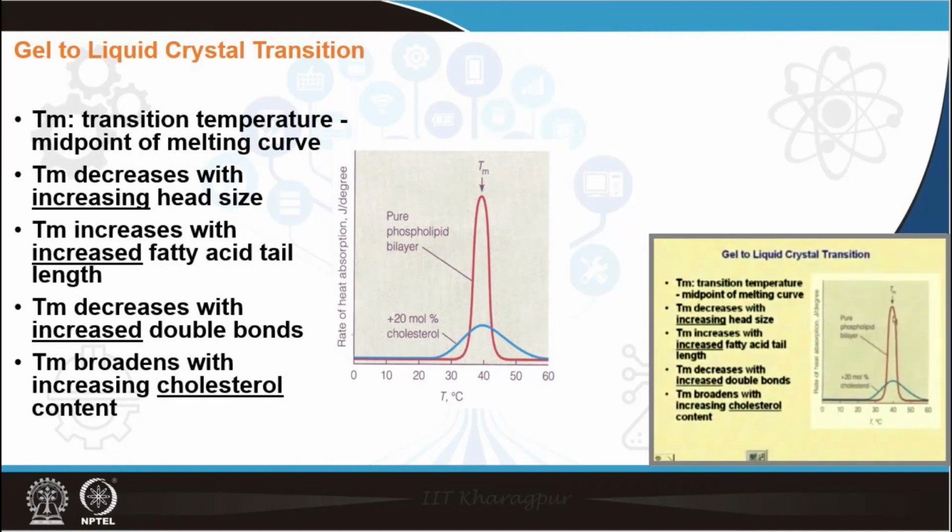So the disruption in the order is going to give us a melting temperature that is the midpoint of the melting curve, that is denoted as Tm. Now what are the features that can change the Tm?